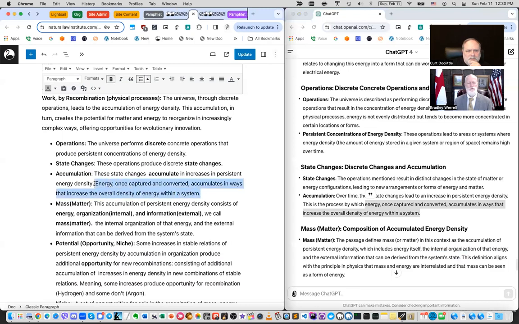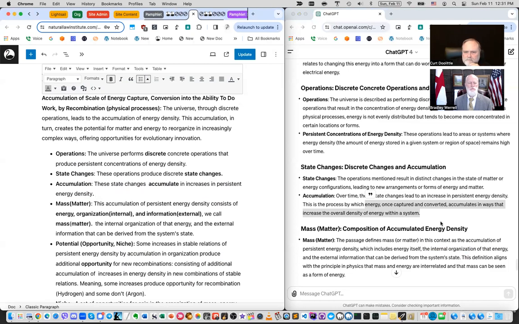Do I need the second sentence there? I'm studying it. Seems redundant. Yeah.